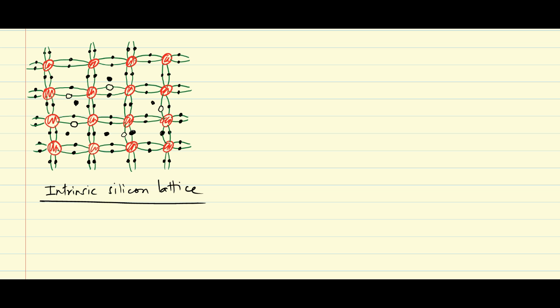Consider now that any element from the 5th group of the periodic table, like for example phosphorus or arsenic, is introduced in the silicon lattice in tiny amounts. This type of impurity is called an N-type impurity or an N-type dopant.